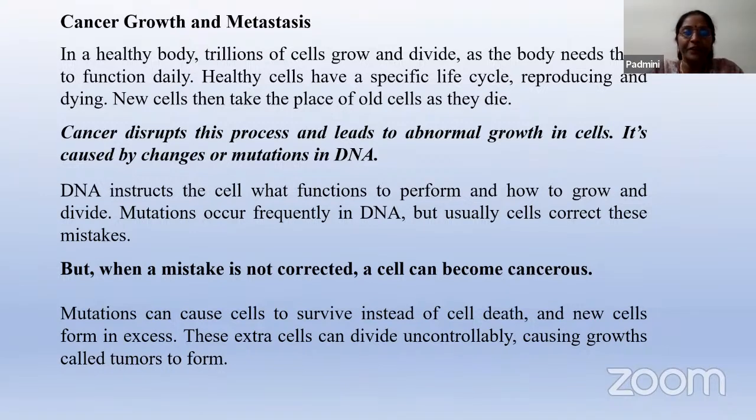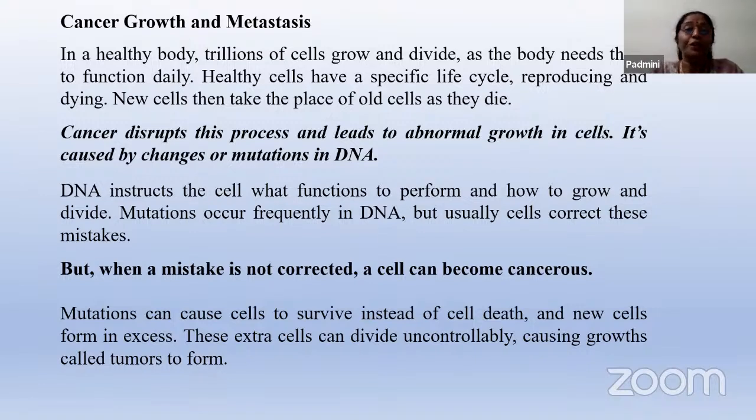That is, when you have a wound, for example, your cells are going to divide and repair the wound. But after the wound has been repaired, the cells are given a signal to stop dividing because the wound has healed.